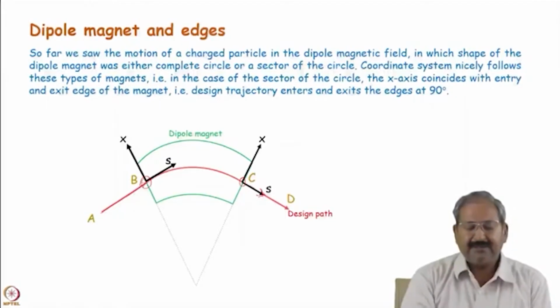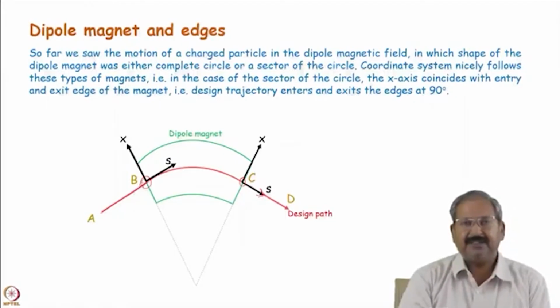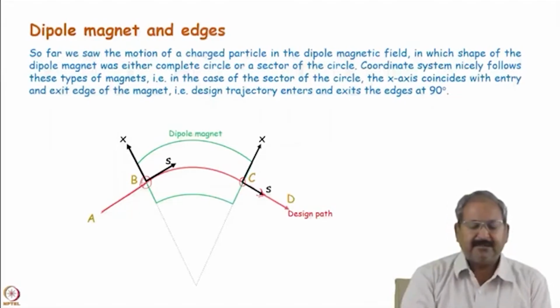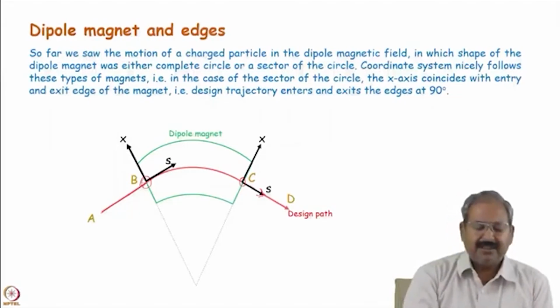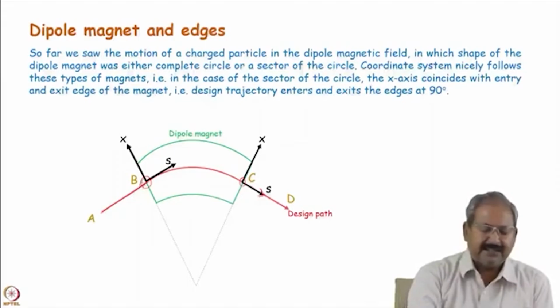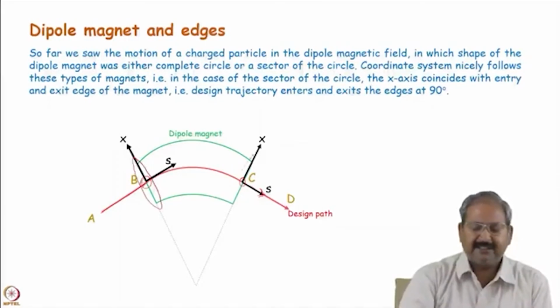And here you can see when we take the sector dipole magnet, in this case, this is the edge of the magnet at the entry side and this is the edge of the magnet at the exit side.